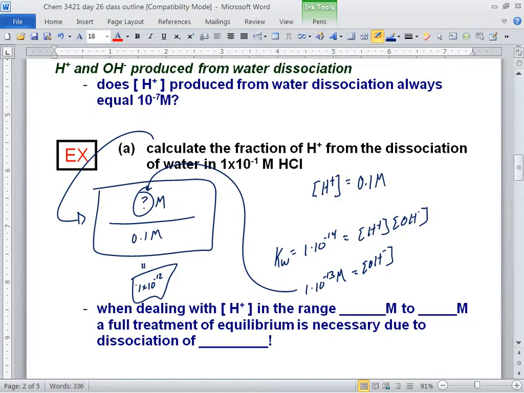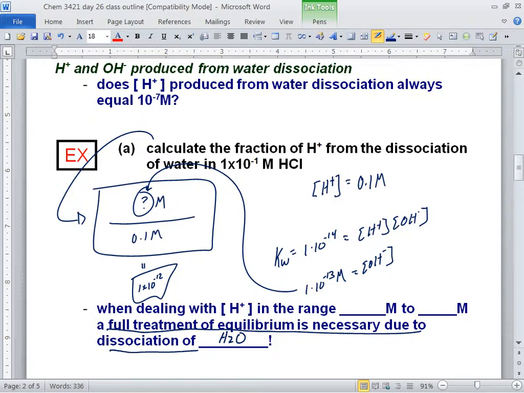Anyway, okay. When dealing with hydrogen ion concentration in a certain range, oh my goodness, you have to do a full treatment of equilibrium due to the dissociation of water. Does anyone know what range that is? It's pretty much 10 above and 10 below what's normal.